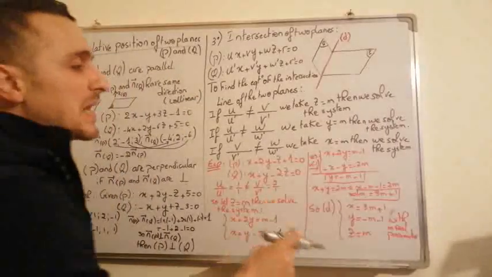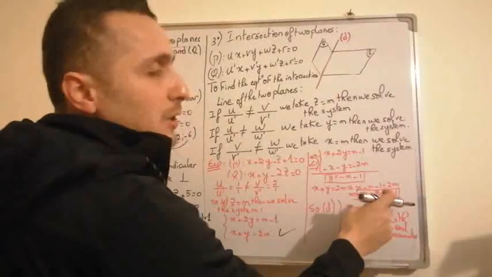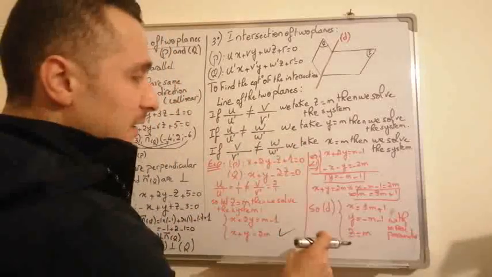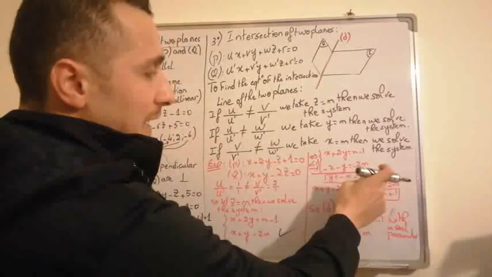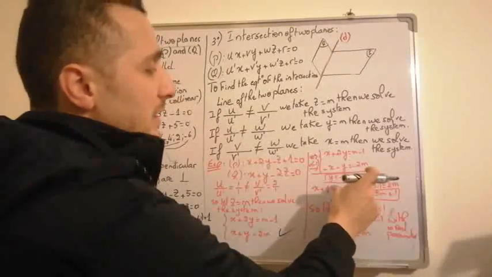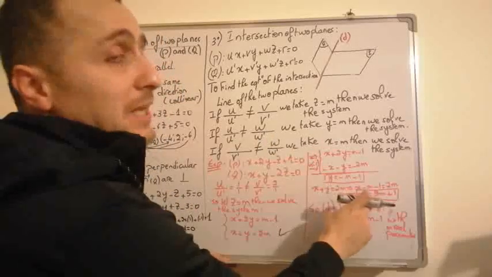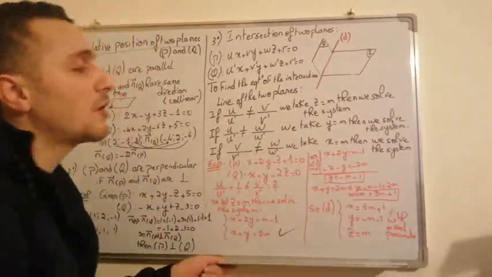By simple replacing x by its value in terms of m in any equation, we obtain, first we got y, and by replacing y by its value in any equation, we also get the value of x in terms of m.